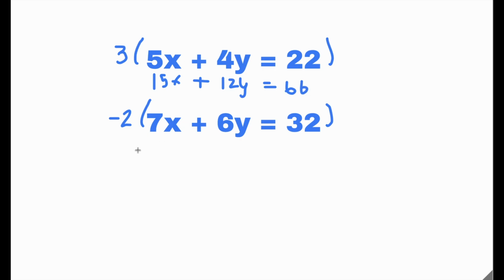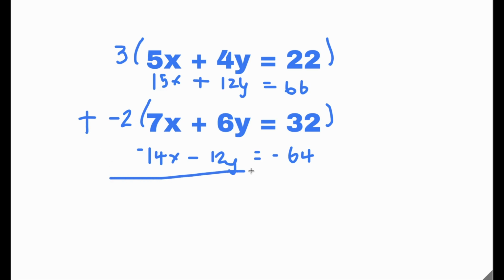And then this is going to give me negative 14x minus 12y equals negative 64. Okay, so now I can see that both of my y variables share the same coefficient, but with different signs. And that's what you're always looking for when you're doing an elimination problem.